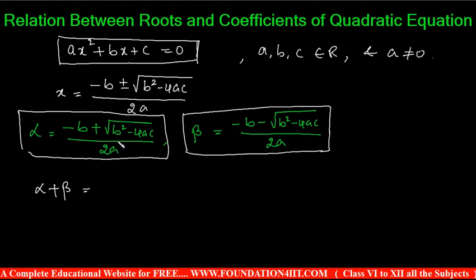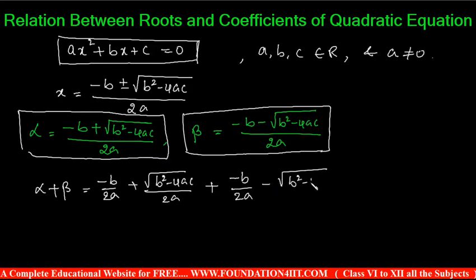Sum of these roots: I can separate the denominator 2a. Alpha is minus b by 2a plus root b square minus 4ac divided by 2a, and beta is minus b by 2a minus root b square minus 4ac divided by 2a.